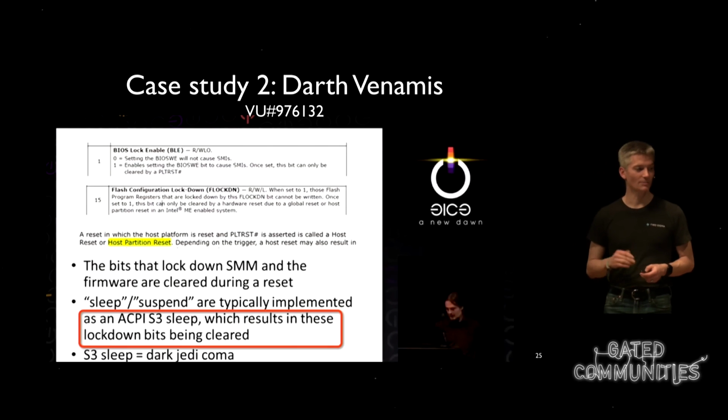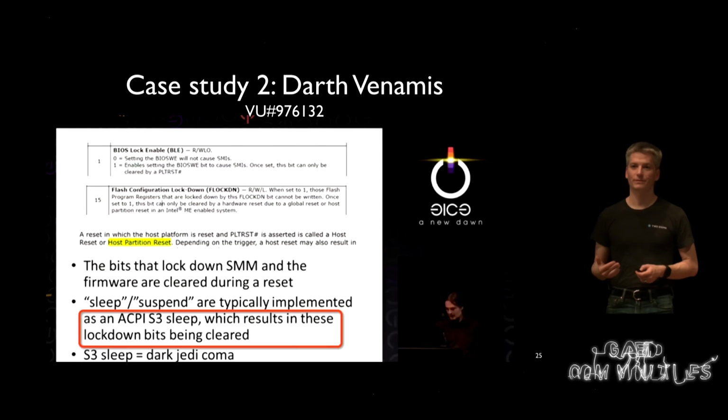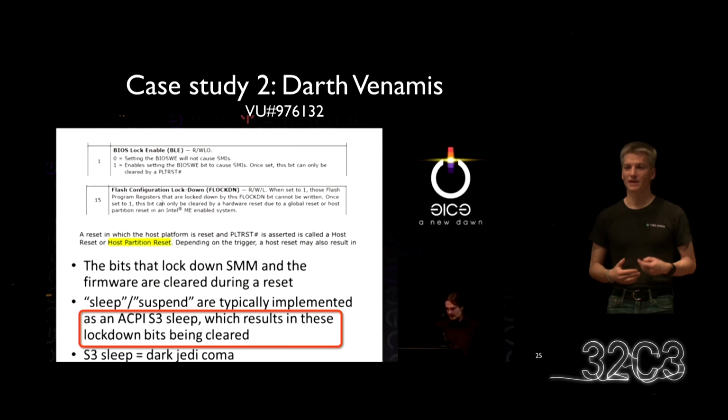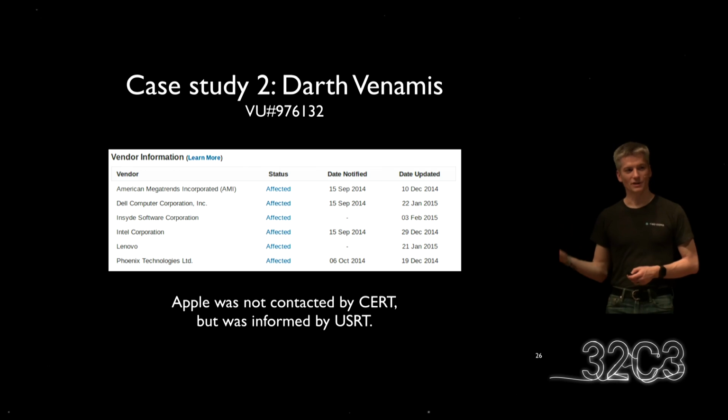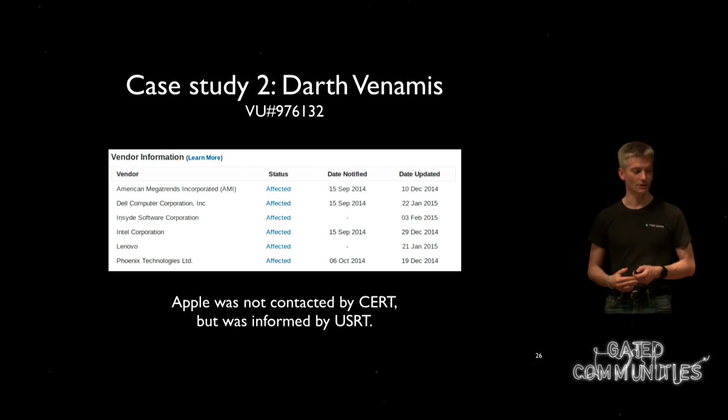And when the system comes out of sleep, there's a brief race window that allows an attacker to have write access to the firmware. As always, they went through responsible disclosure, and it turns out that Apple was not contacted by CERT regarding this, but they were informed through USRT.